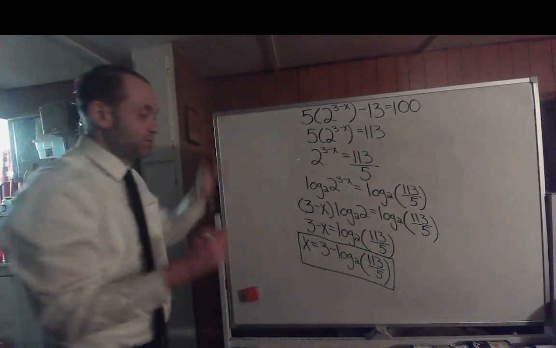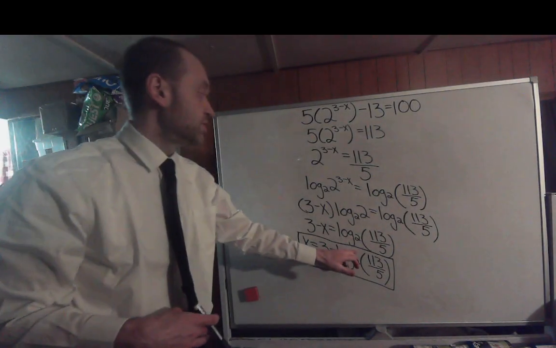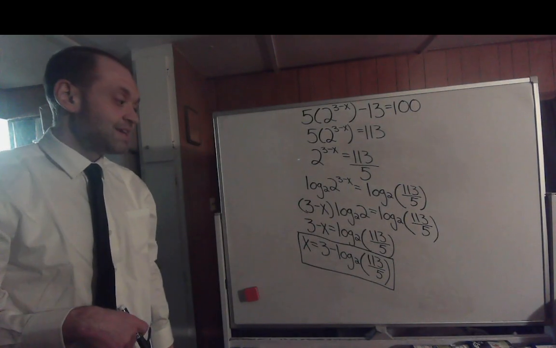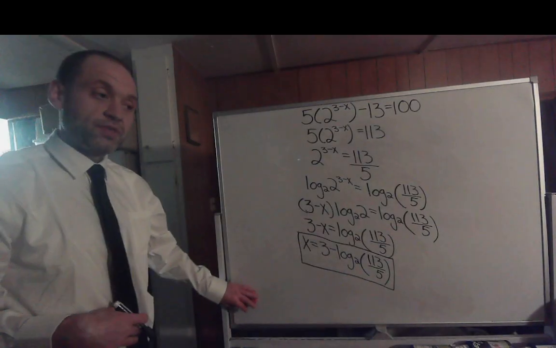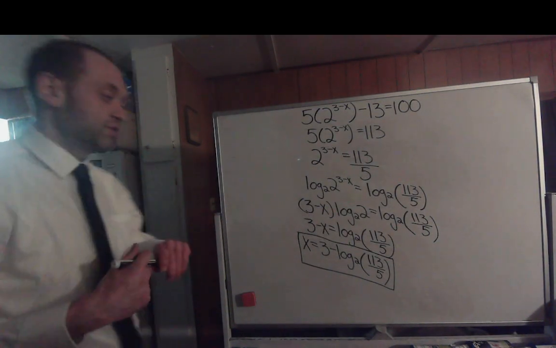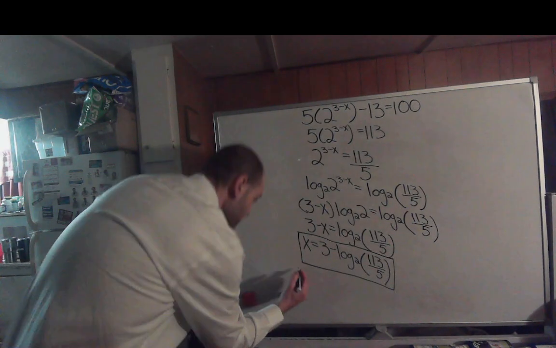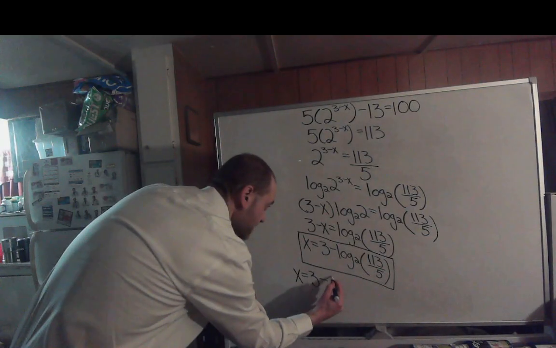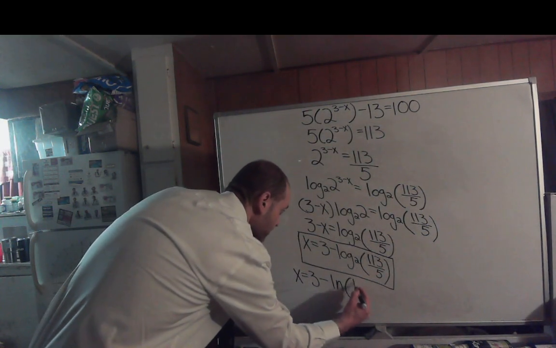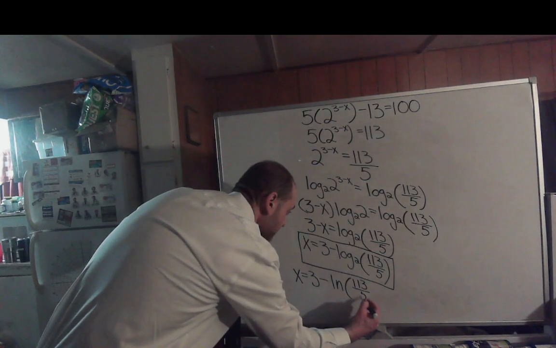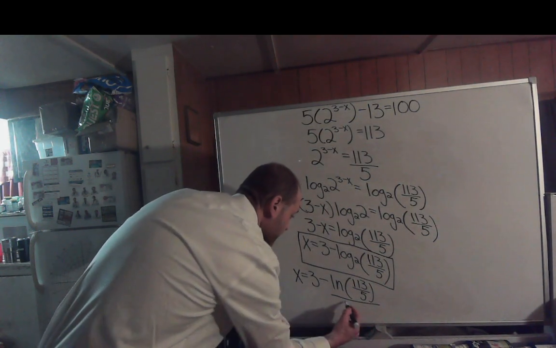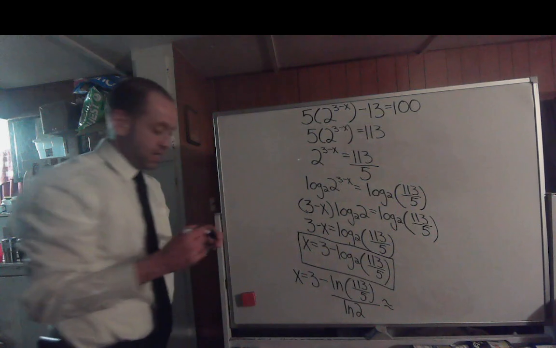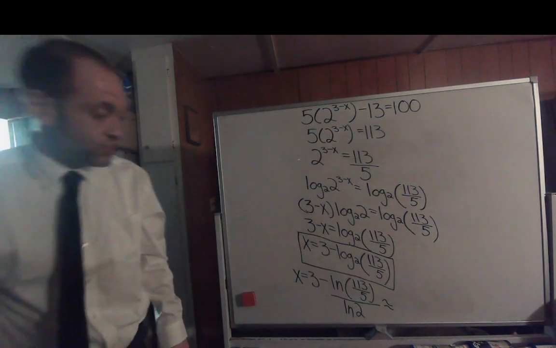But you know what time it is? Yes, we have to come up with the decimal solution. So you could say that x equals 3 minus the natural log of 113 over 5 all over the natural log of 2, which should then give us our decimal approximation.